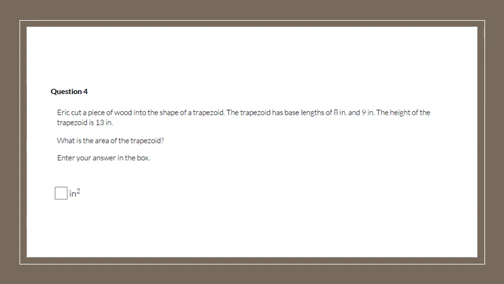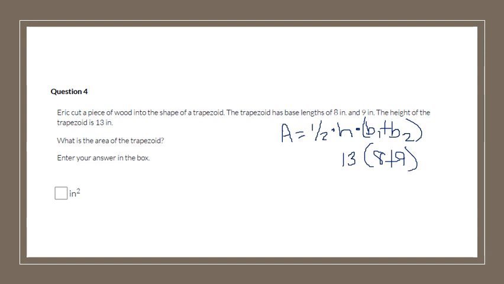Okay, Eric cut a piece of wood into the shape of a trapezoid. The trapezoid had base lengths of 8 and 9. Okay, the height was 13. What is the area?